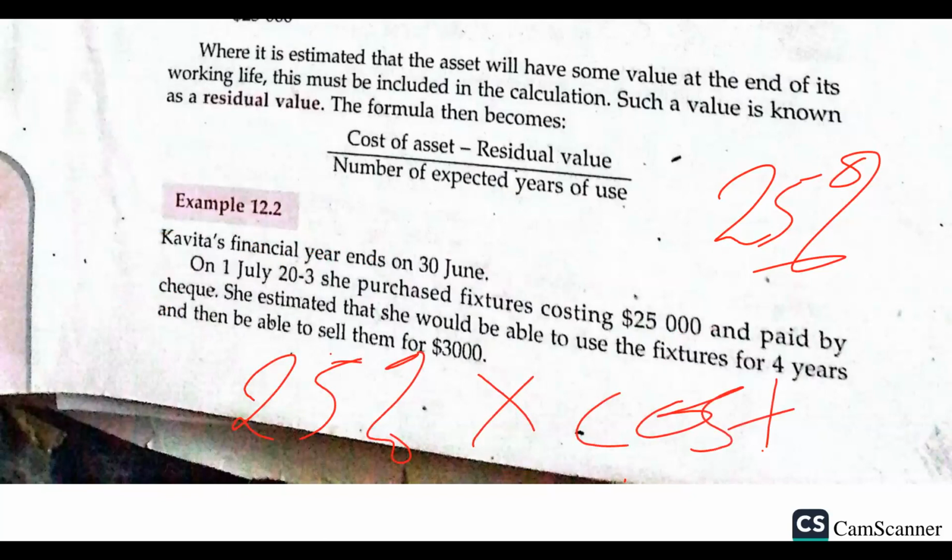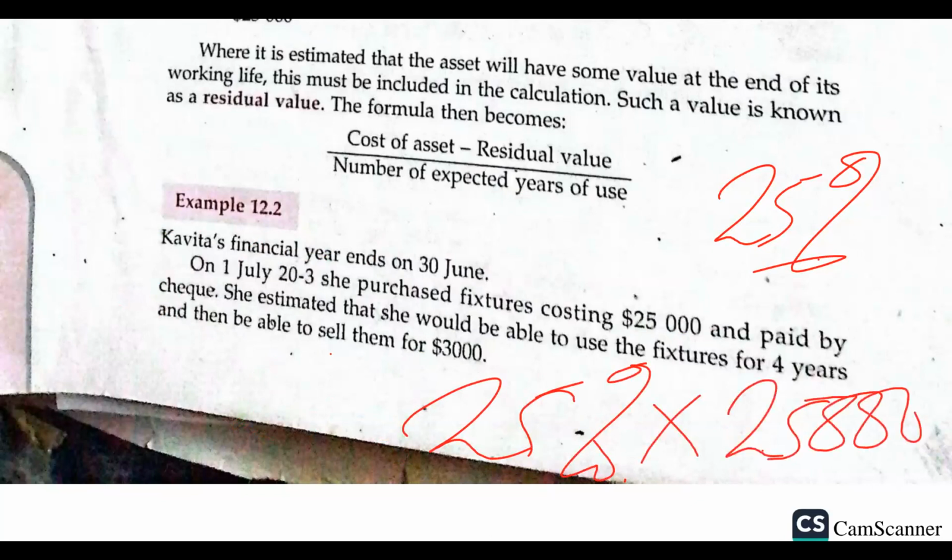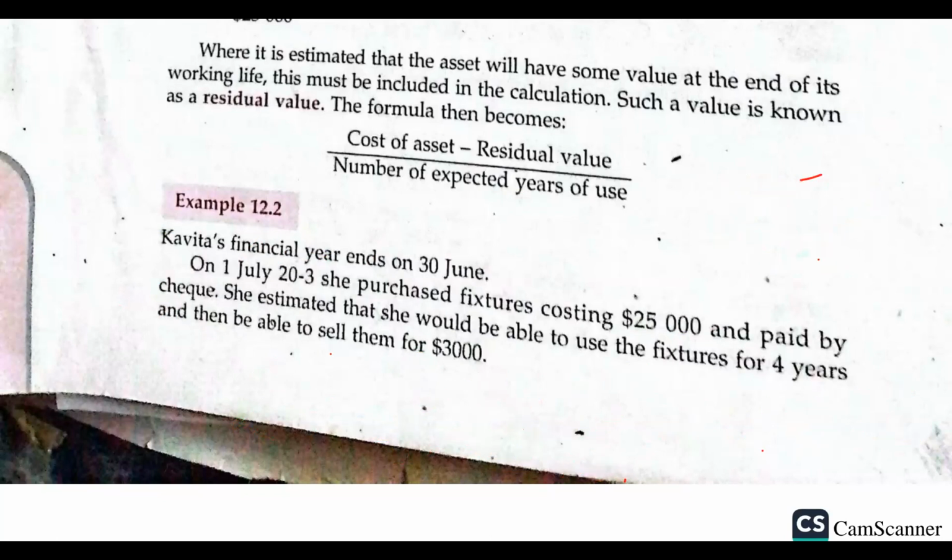Now, when you remove the resale value from that asset, that difference, if you have the resale value, is the one that you use to multiply. So you say 25% times 25,000. So the same one is the one that you actually use.